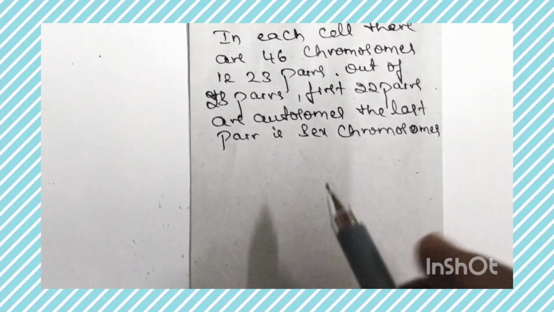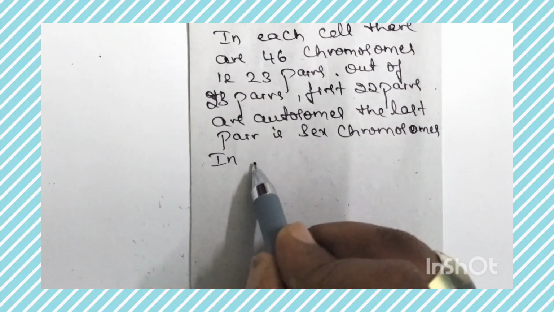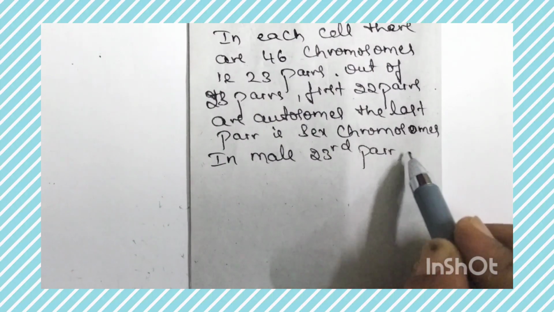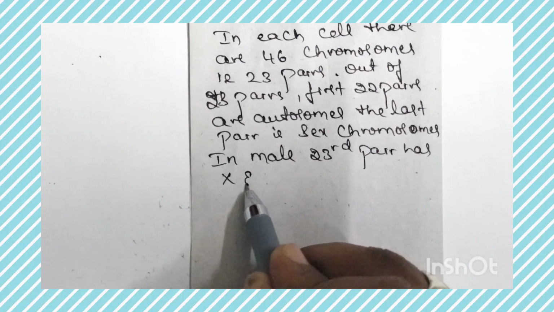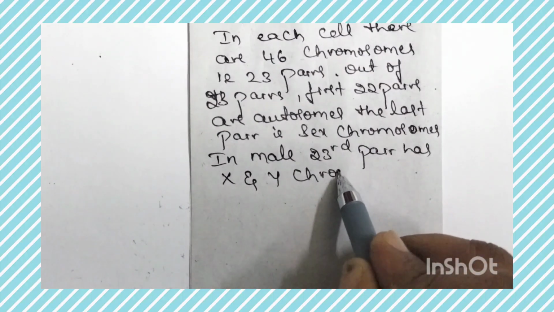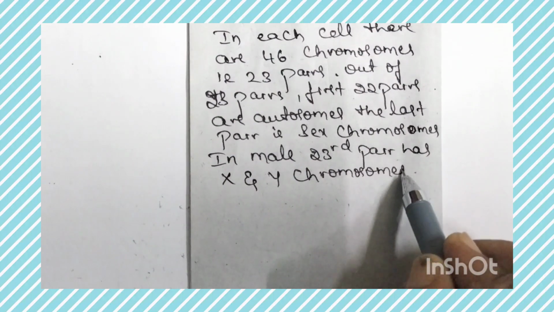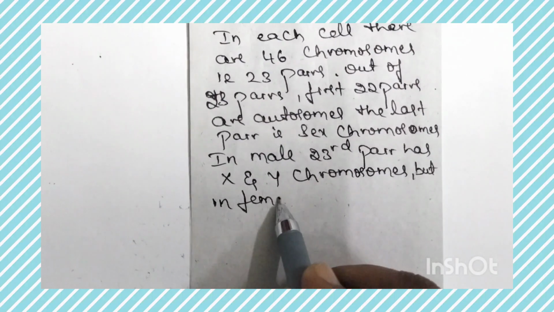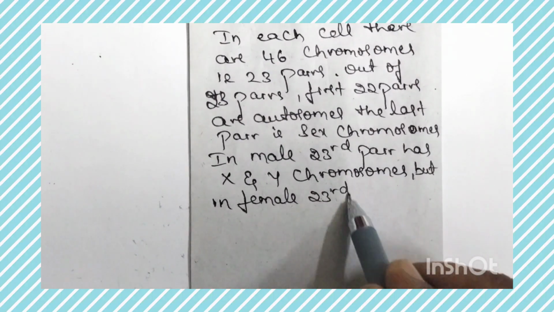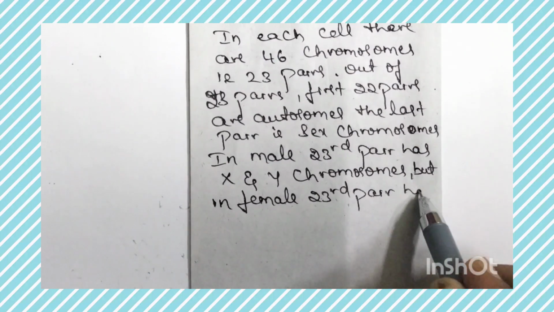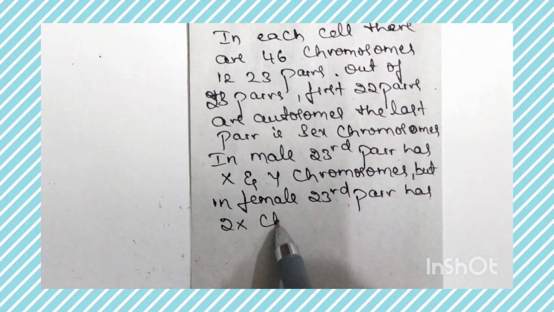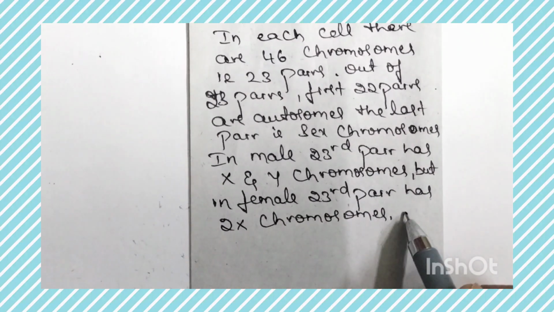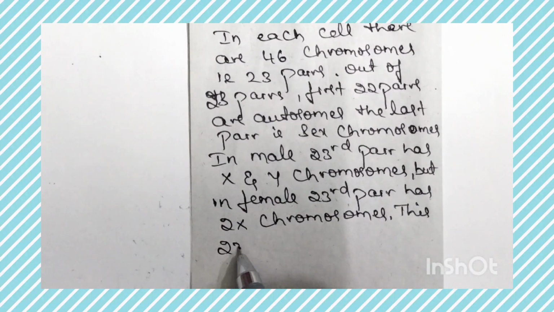The last pair we call sex chromosomes. In male, the 23rd pair has X and Y chromosomes, but in female the 23rd pair has 2 X chromosomes.